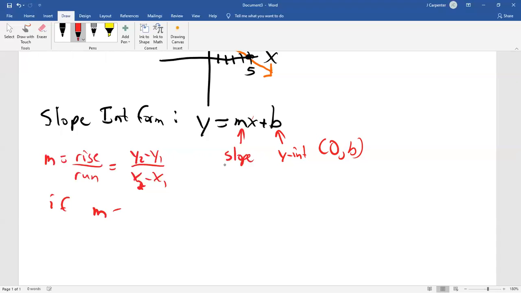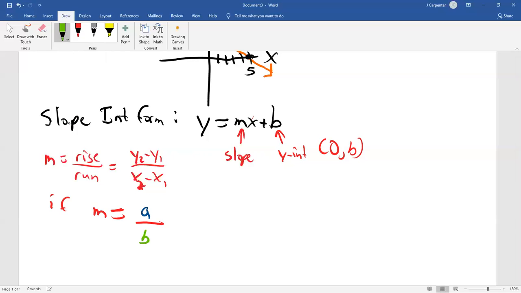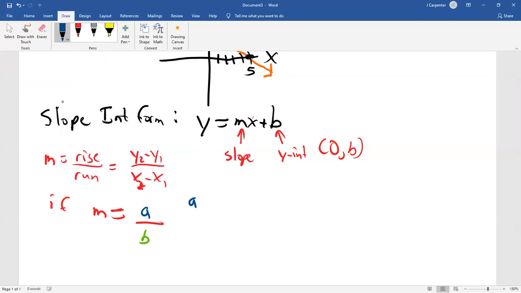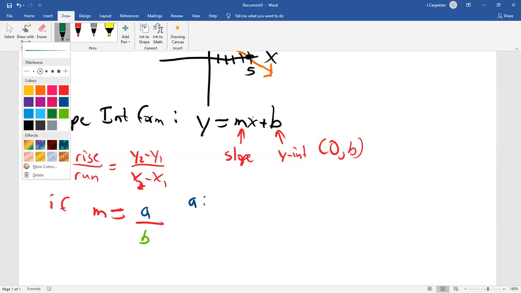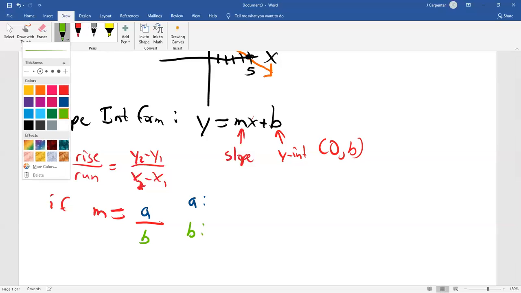Let's say your slope is equal to A over B. All right, let's talk about B first. This is what we call the run.